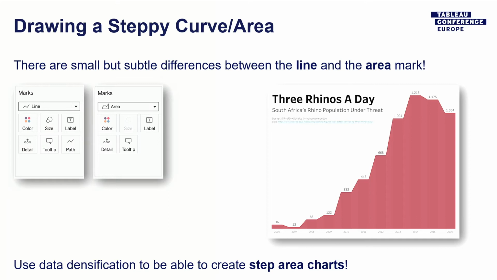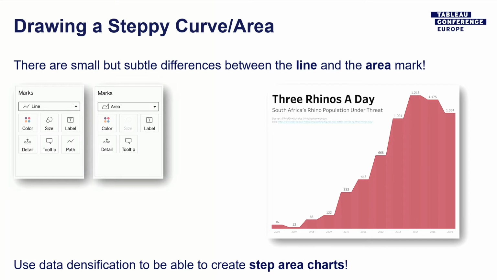By the way, this little project taught me something about the line and the area mark. I've put them here on the slide on the left side, and you will notice the small difference between those two marks. Oh, it's path. Yeah, it's path. Very good, Ludovic. Path is missing for the area mark.